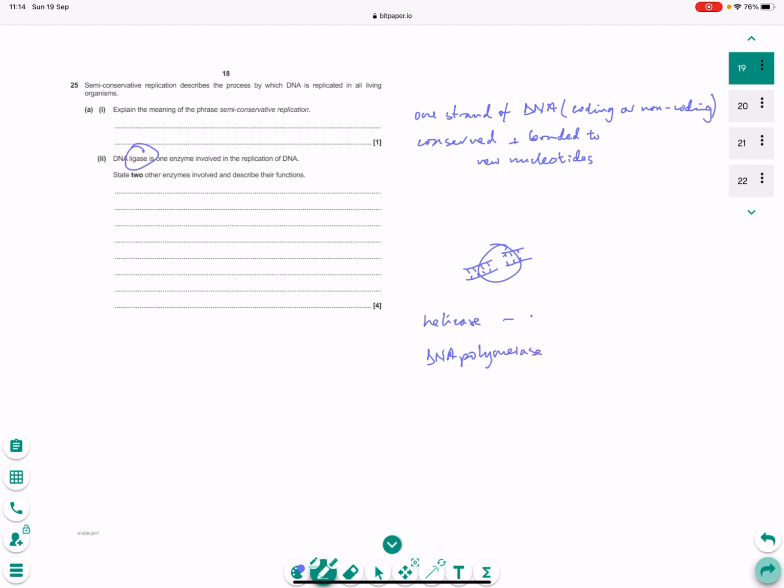Helicase unzips, so it's breaking those hydrogen bonds between the bases. Just keeping it very simple. State two and describe their functions.